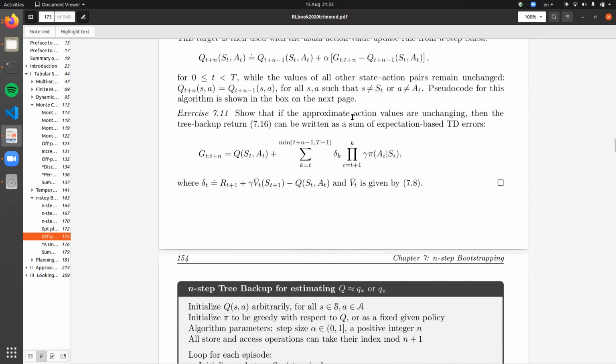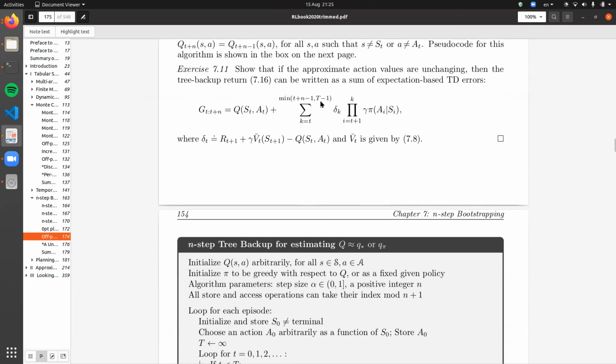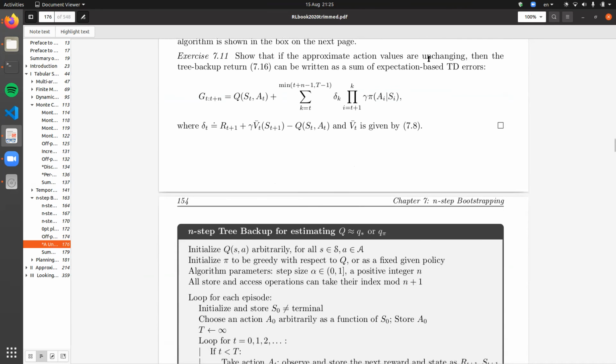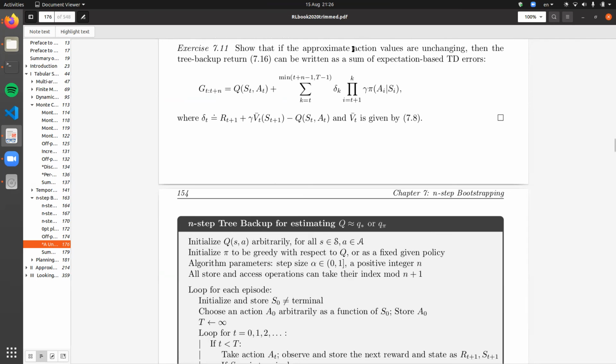Okay, and here we have the update equation for that algorithm, and once again this can be rewritten in terms of TD errors, and once again that assumes that the action values are not changing during the episode, but that's generally not true.